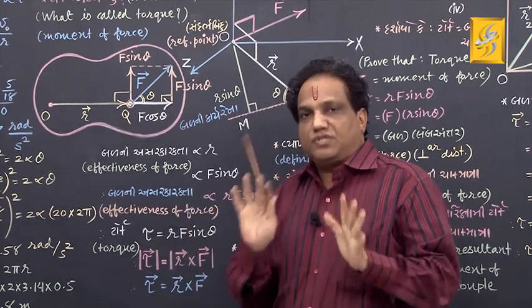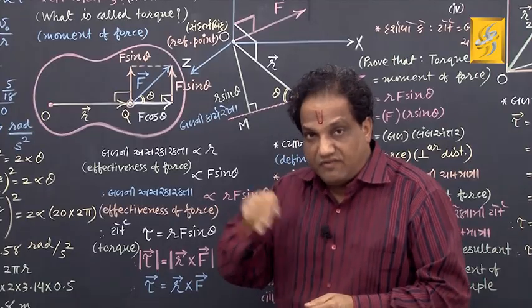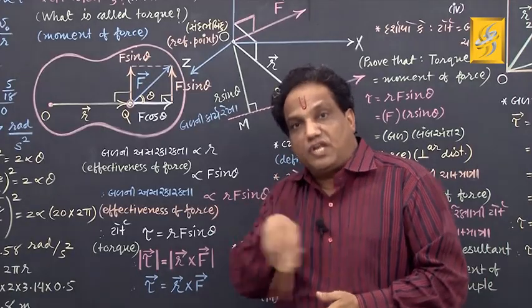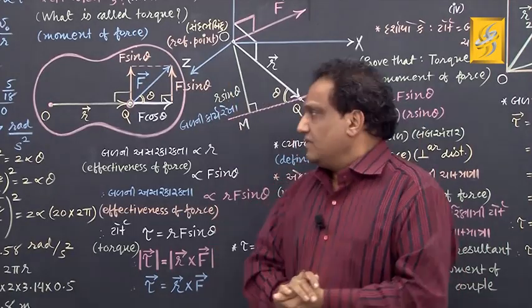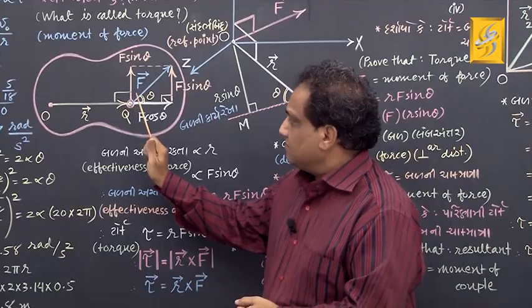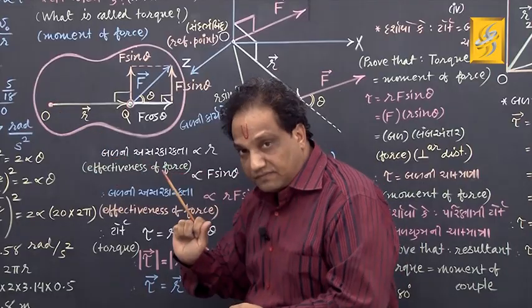Okay. Now see, practically what do we find? The effectiveness of an external force in producing rotational motion increases if the point of application of force is at a greater distance from the axis of rotation.